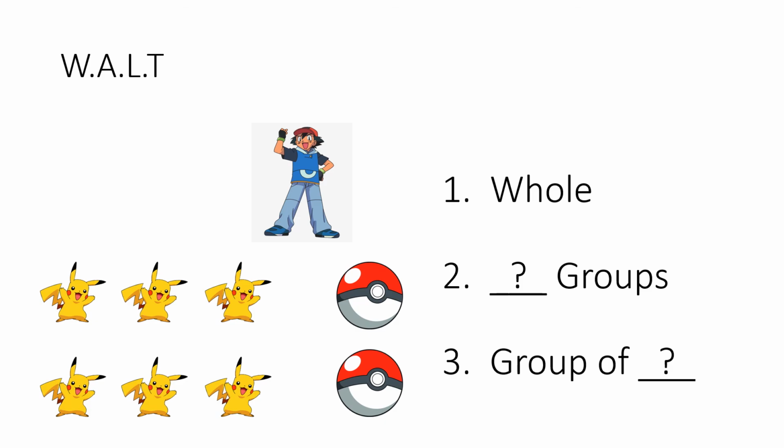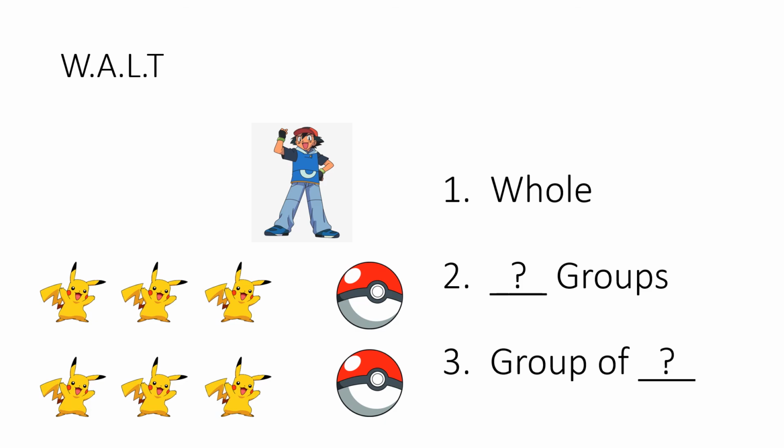How we do that is you have to imagine which item goes into the groups. Does Ash go into the ball? Does Pokemon go into the ball? If I were to change this example, for example, pencils and pencil case, which one will be the group? The pencil case, because the pencils go into the pencil case.